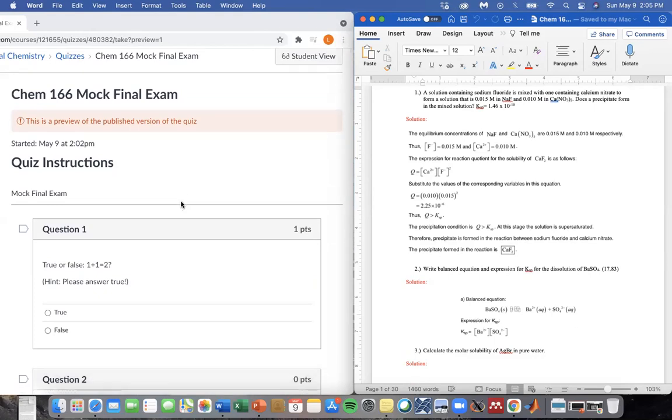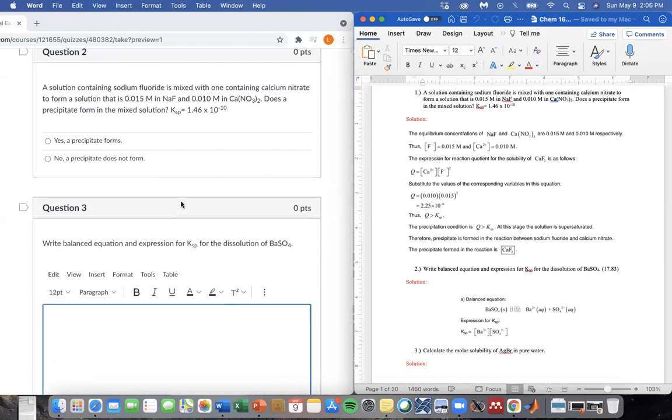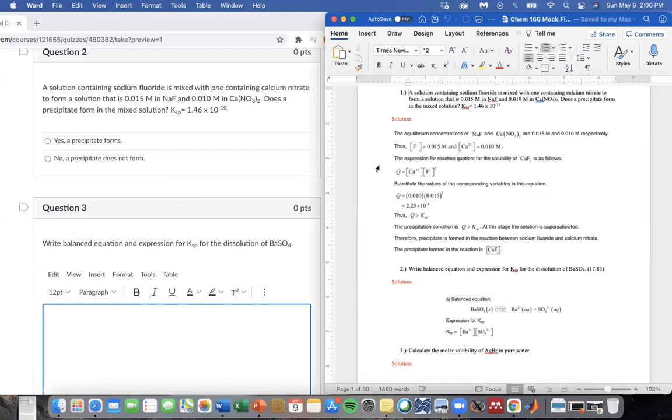Okay, so the first question was about whether or not a precipitate would form. And that goes back to the KSP stuff. So if you remember, K is the breaking point where the reaction rates are exactly the same in both directions, nothing is dissolving anymore and nothing is forming anymore.